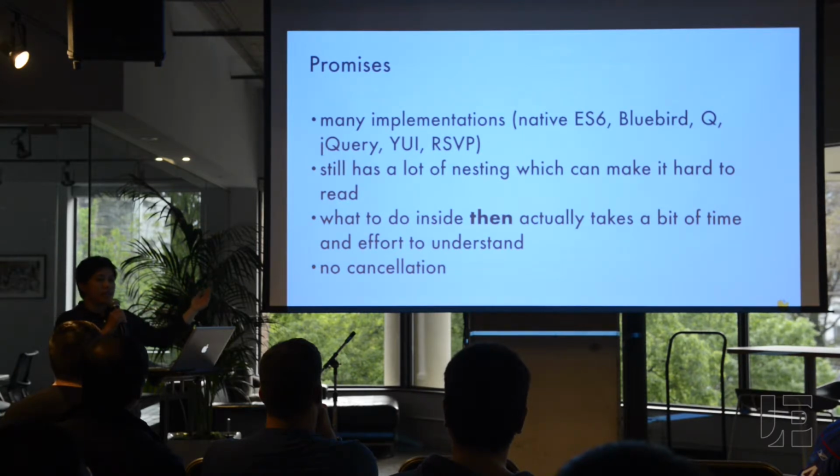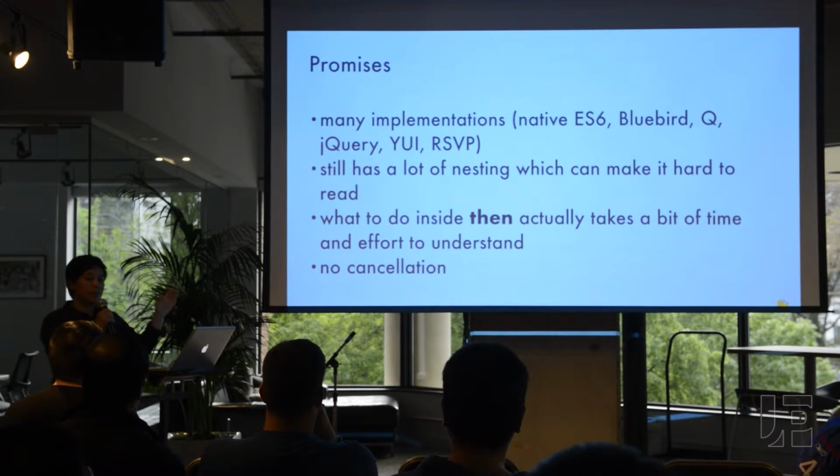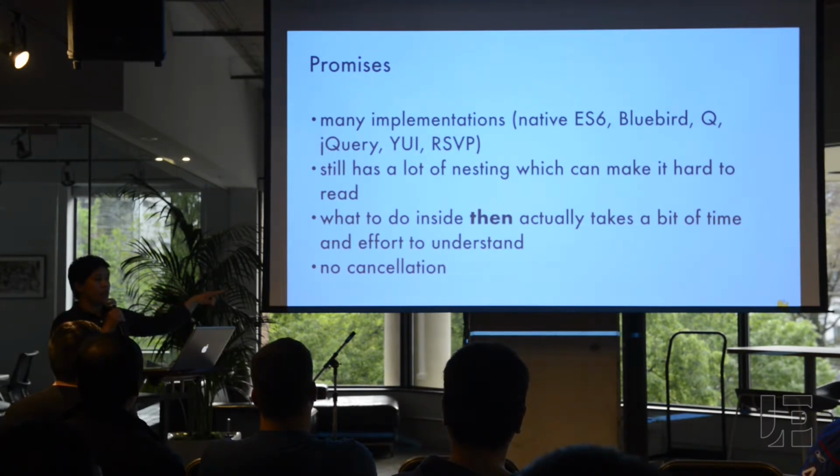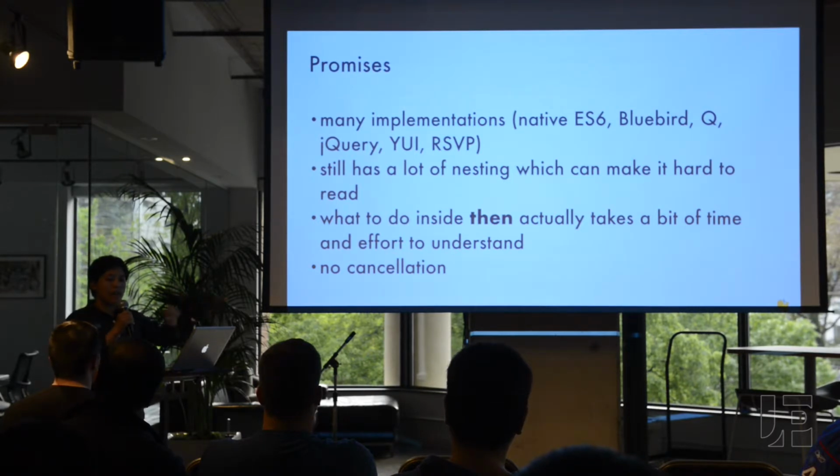Promises, like callbacks, still suffer from a lot of nesting, which can make them hard to read. What to do inside of your then function is also very confusing and not fully documented. And another key thing, depending on what kind of app you're writing, is that promises have no cancellation. So if you have an app where you're trying to run some background task and then you need to stop it, you can't do that out of the box with promises.